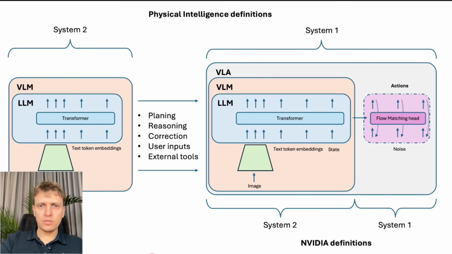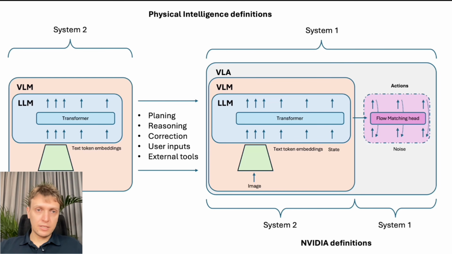You can still reuse the same VLM, like for example, Pi 0.5 is doing, but it's still a separate system that has different goals and that has some outputs that can be used or interpreted. Usually this system 2 is responsible for planning, reasoning, correction of some mistakes, processing user inputs, using some external tools, and so on.